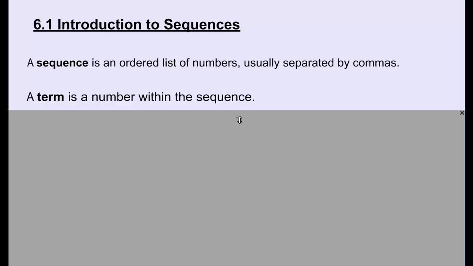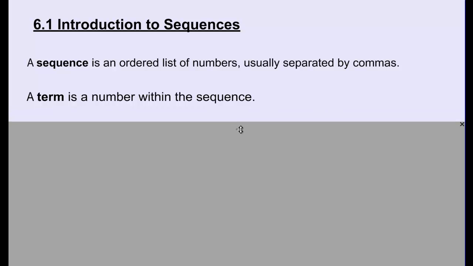The other thing that we're going to define here is what a term is. Now when we talk about terms just in math, generally we talk about 3x is a term, or the number 9 is a term. But when we talk about sequences, we define a term to just be one of the numbers within the sequence. And this will become very important when we talk about different terms within a sequence.